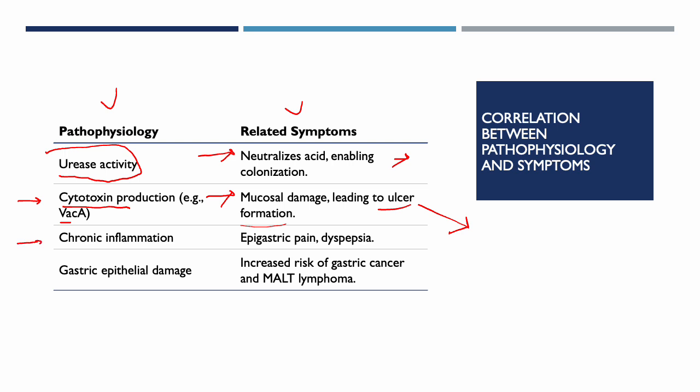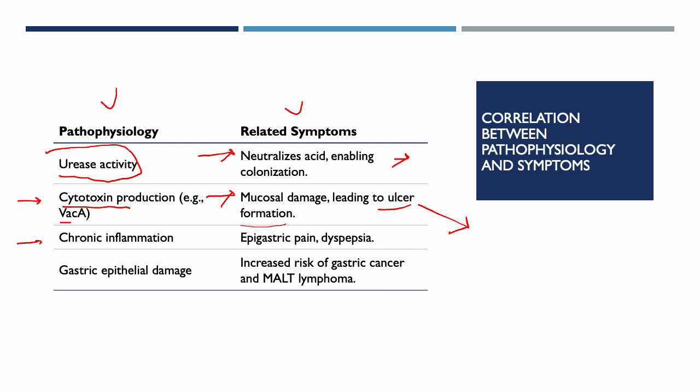What about chronic inflammation? The immune response, like we mentioned in our pathophysiology, causes persistent gastritis and mucosal irritation. Symptoms patients will present with are typically dyspepsia, bloating, or intermittent upper abdominal discomfort, for example.